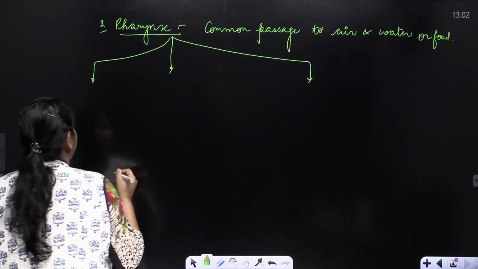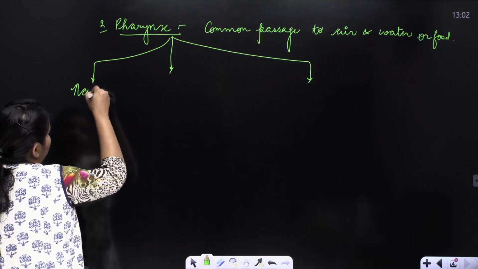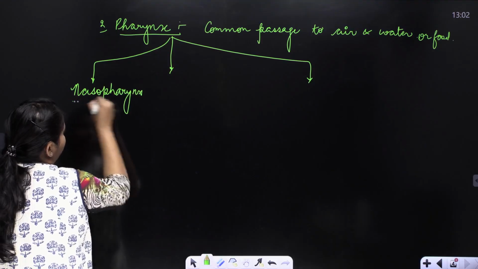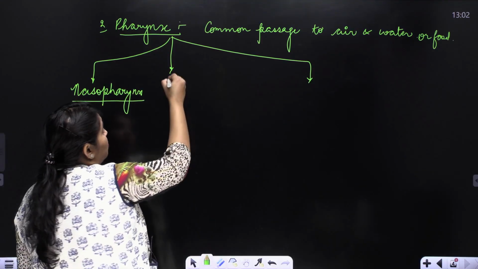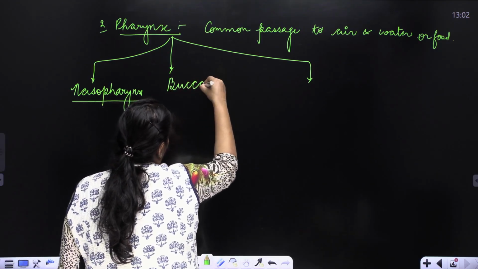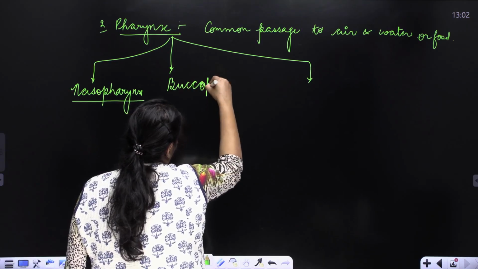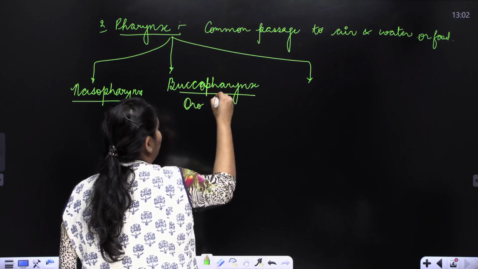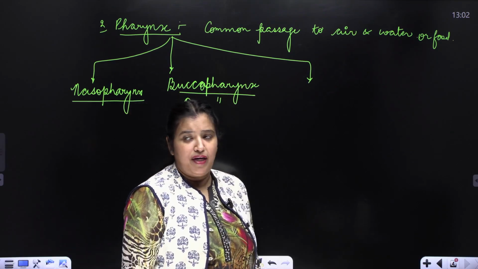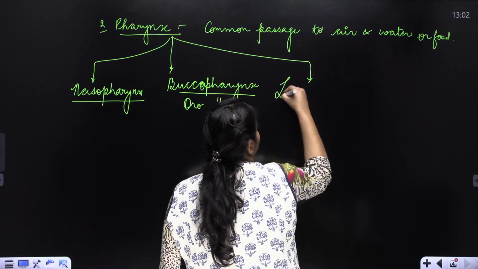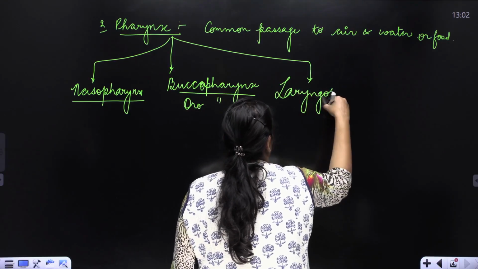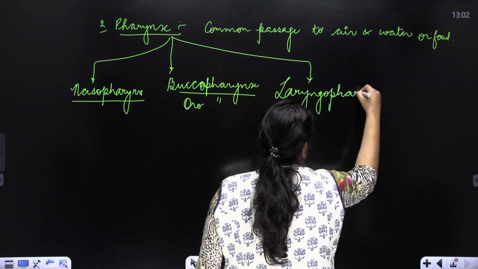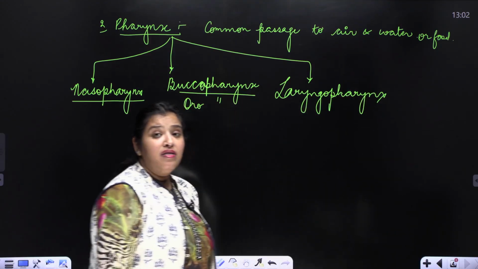When the nasal cavity opens into pharynx, it is nasopharynx. When the buccal cavity opens into pharynx, it is buccopharynx or oropharynx. As I told you, oral cavity is the other name, right? And the third one is laryngopharynx. That means the part of pharynx that leads into the larynx.